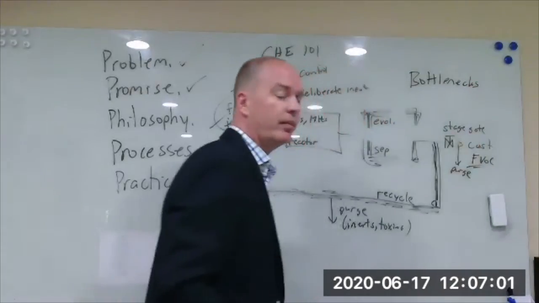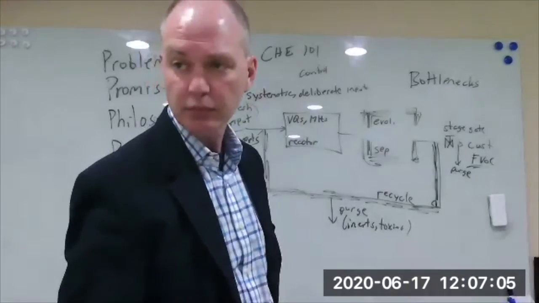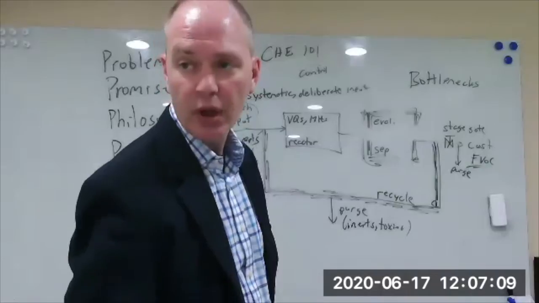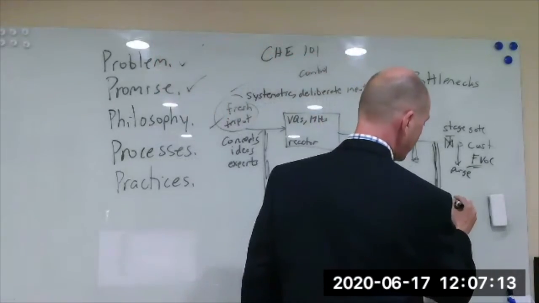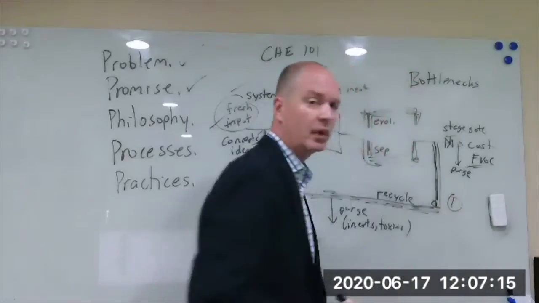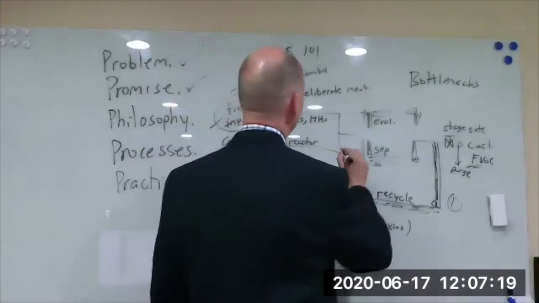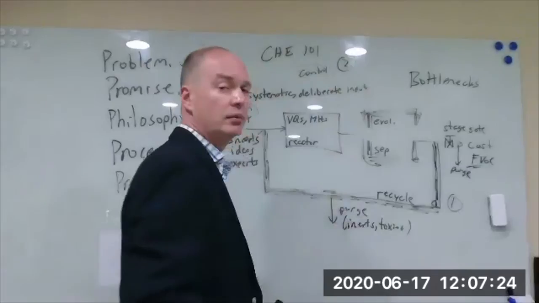Now, we can look at a number of bottlenecks, but I want to just focus on a few. I want to focus on this stage gate and recycle as one. I want to focus on the integrated innovation team as two.